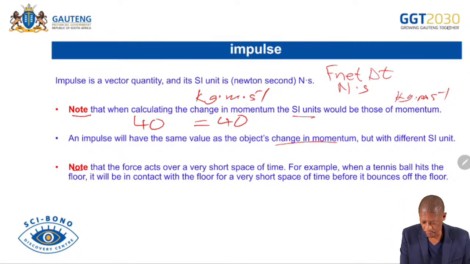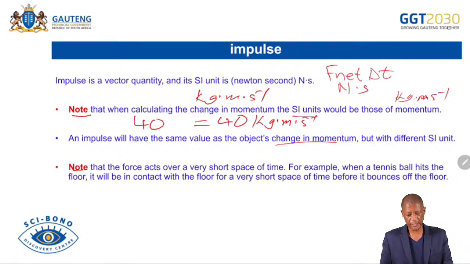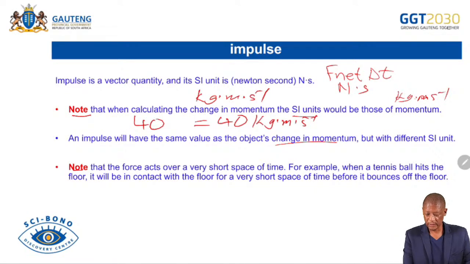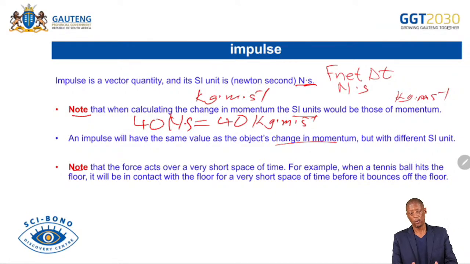We know the SI unit of change in momentum is kilogram meters per second. But we are told the SI unit of the impulse is Newton second. So they might have the same value, but they will differ in SI unit. So it's very important when you calculate.